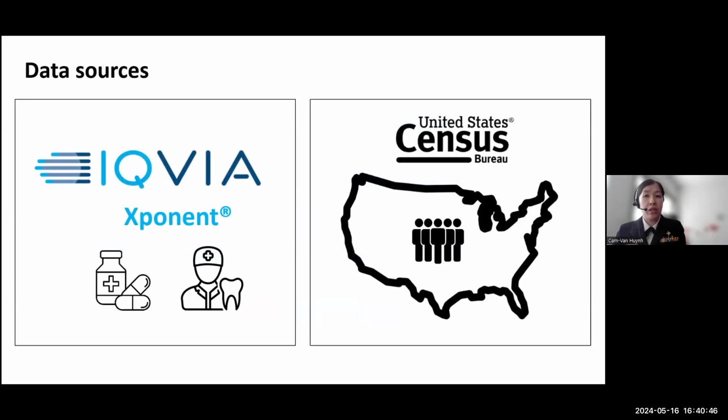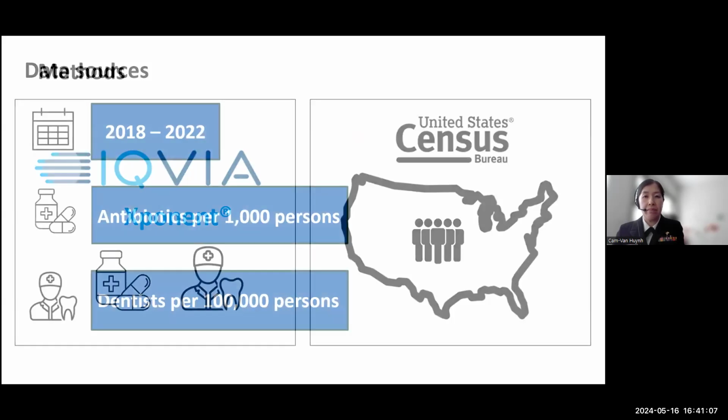For our data sources, we use the IQVIA Exponent Prescription Database and US Census Bureau population estimates. IQVIA Exponent captures more than 92% of all US outpatient prescriptions and projects to 100% coverage. We used it to obtain oral antibiotics prescribed by dentists, as well as the number of dentists for each state. And US Census Bureau estimates were used to calculate rates.